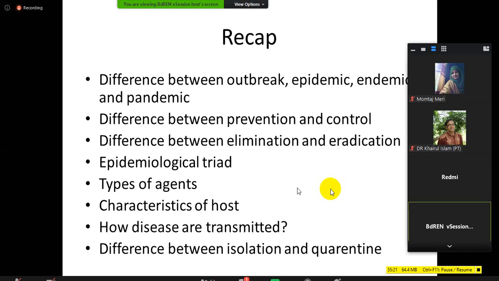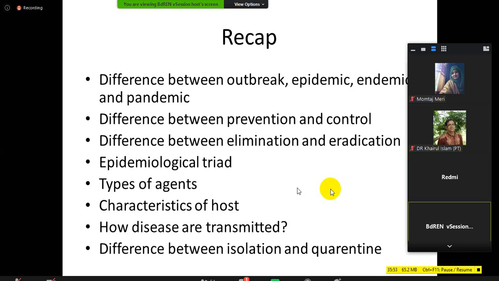Epidemiological triad: if you draw a triangle, you will get 3 points, and these 3 points are the three elements. That triangle we are using as a framework to understand how diseases are transmitted from one person to another, especially when we are talking about infectious or communicable disease.